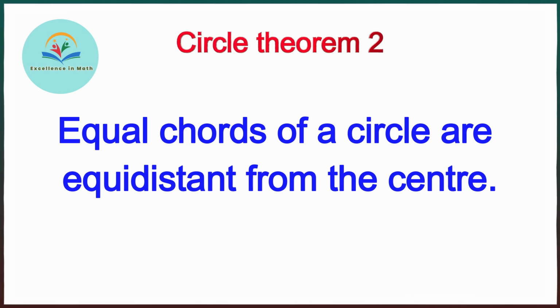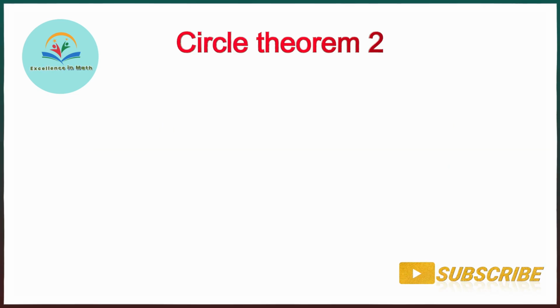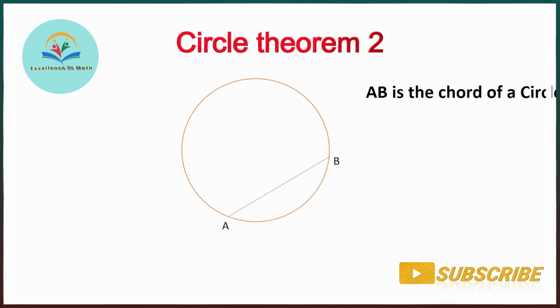Now let's try to understand theorem 2 of circles: equal chords are equidistant from the center. Let's try to understand with visualization. Let's consider a circle and draw a chord AB. AB is a line segment whose endpoints are on the circle, so we can say that AB is a chord of a circle.